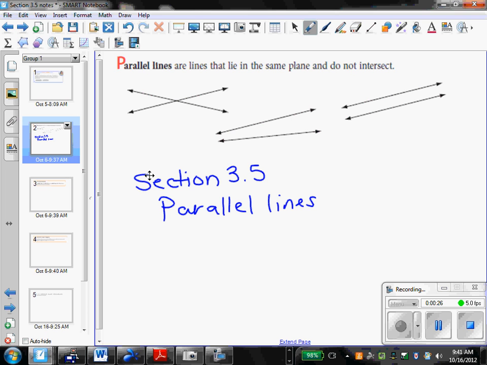But just in case you've forgotten, parallel lines lie in the same plane and they do not intersect. If they lie in different planes and do not intersect, they are called skew lines. But these are parallel lines that never intersect, lying in the same plane.